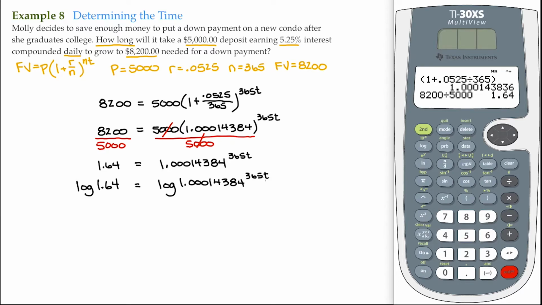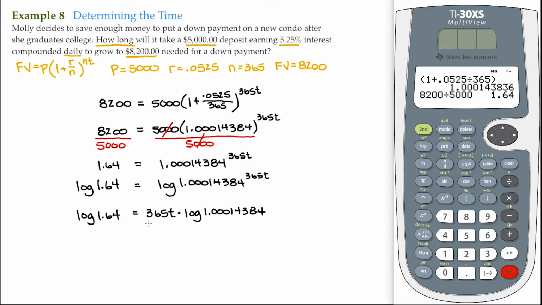And what the power property of logarithms says is that we can now rewrite this side as 365t times the log of 1.00014384. Of course, that's equal to the log of 1.64.